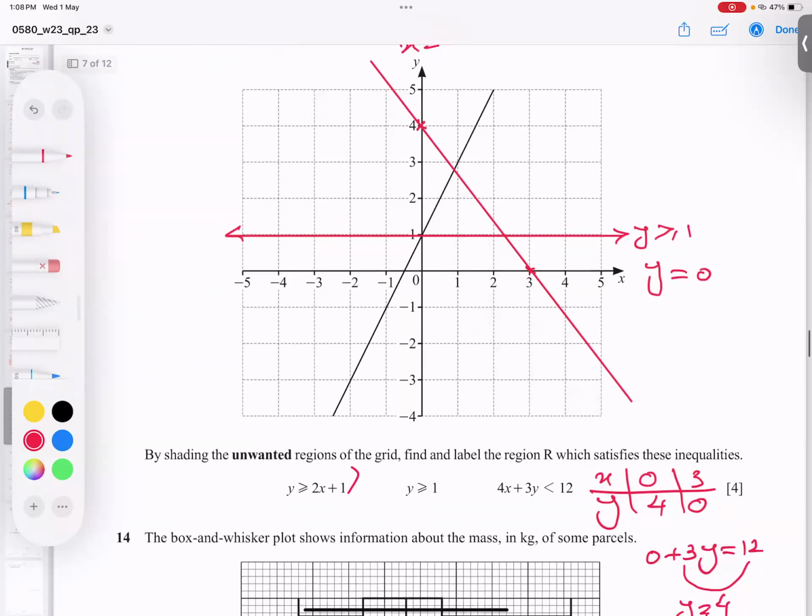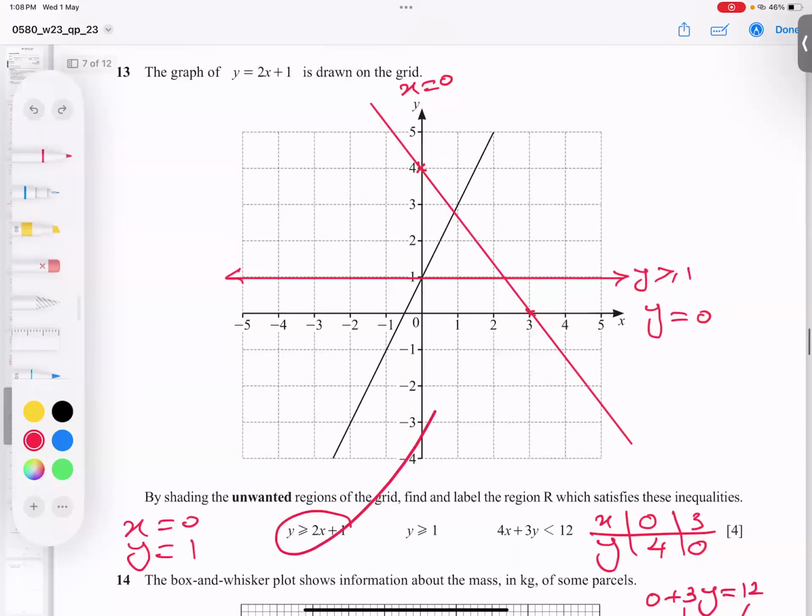And the third line is given by him. But if you want to test the best technique, you can plug in x is 0. When I plug in x is 0 here, it's gone, y becomes 1. You can see that this is y is 1. Look here. When x is 0, y is 1, the line is cutting the y-axis at 1. So we can guess from here even. So this inequality I'm writing here.